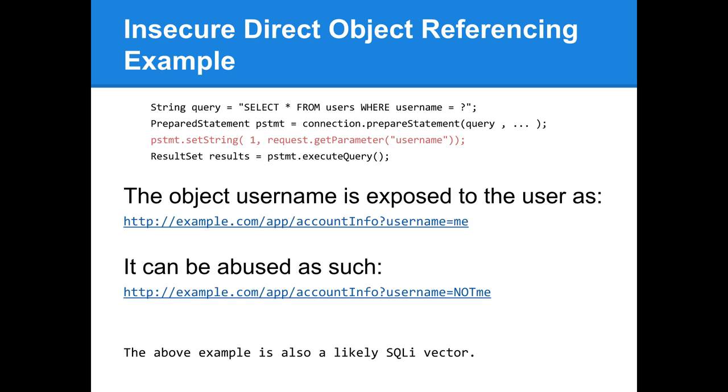Next, the area in which a vulnerability is both an insecure direct object reference as well as a broken authentication vulnerability is when the action to view the object should require some form of authentication, but it can be abused to bypass that requirement.